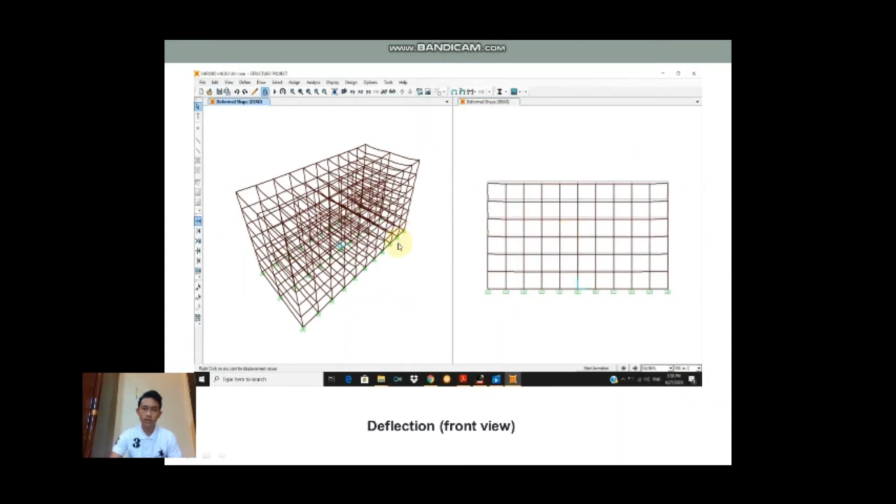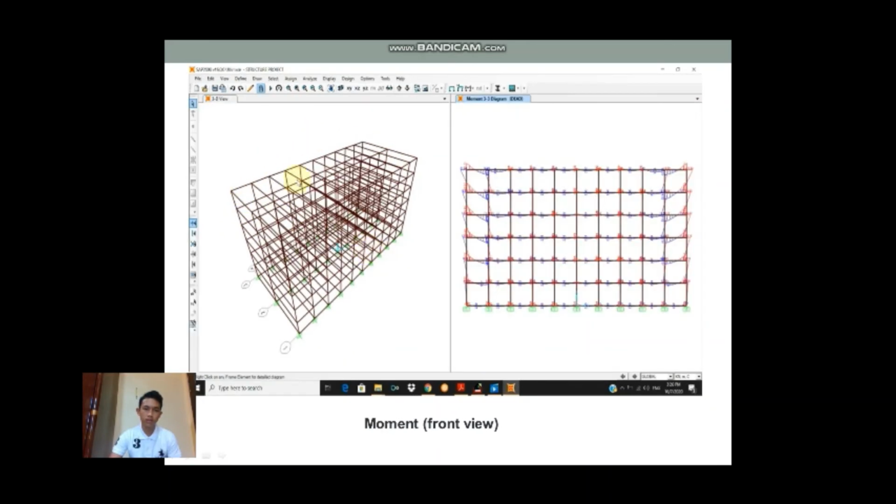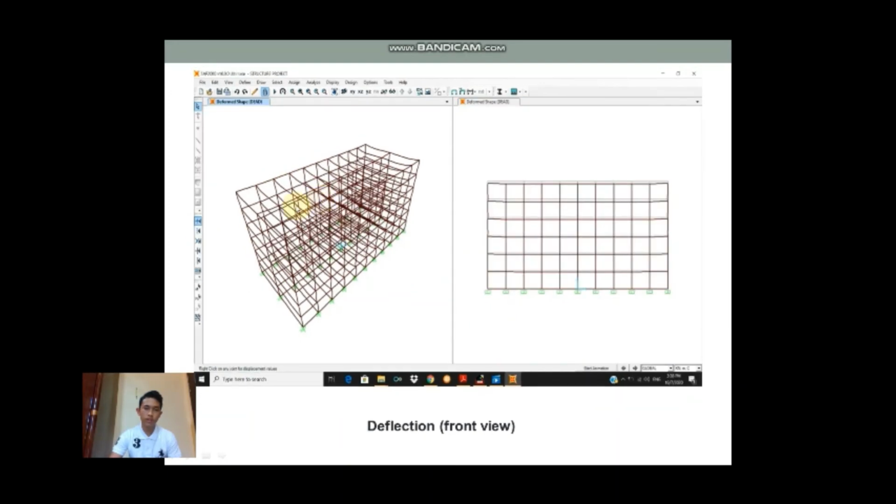And this is the deflection. As you can see, the difference of this structure compared to this structure: this one is more rigid, while this one is not so rigid, and this is the deflection. This is the original structure, the blue one, and the bright one is the deflection shape.